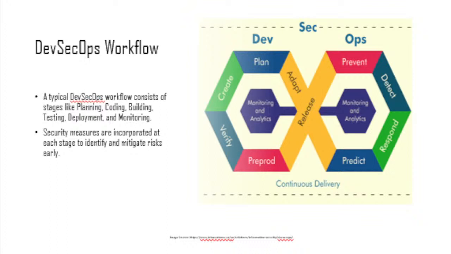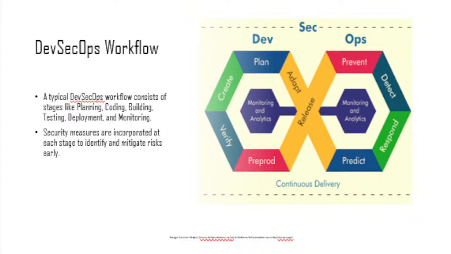A typical DevSecOps workflow consists of stages like planning, coding, building, testing, deployment, and monitoring. Security measures are incorporated into each stage to identify and mitigate risk early. DevSecOps is an approach to the application development process in which security methods are applied to each stage of the development process.